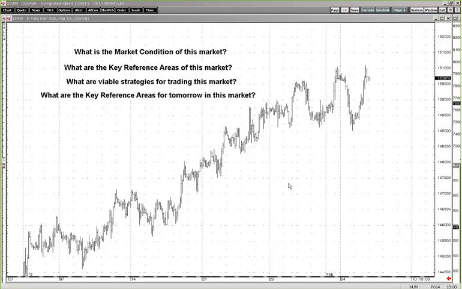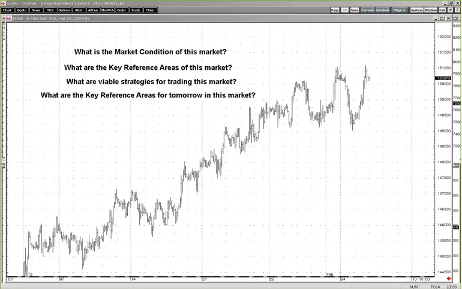So let me go through this exercise. What is the condition of this market? Guys, it's up. As of the close tonight, this market is developing higher in all time frames, in all degrees of time.